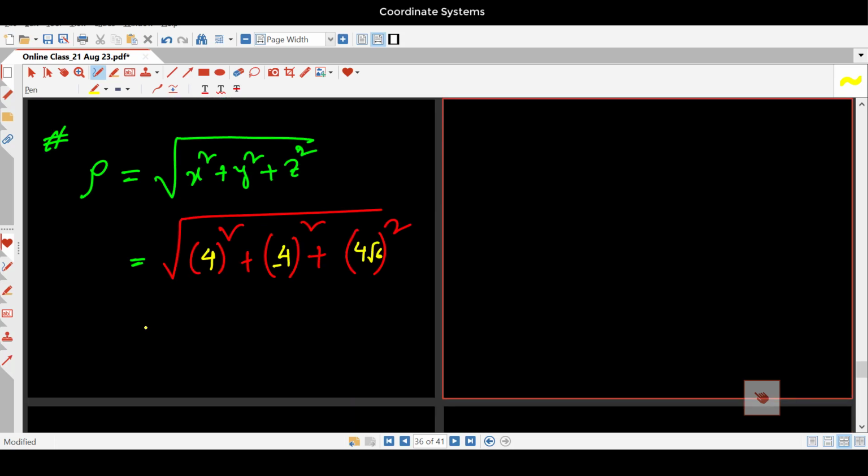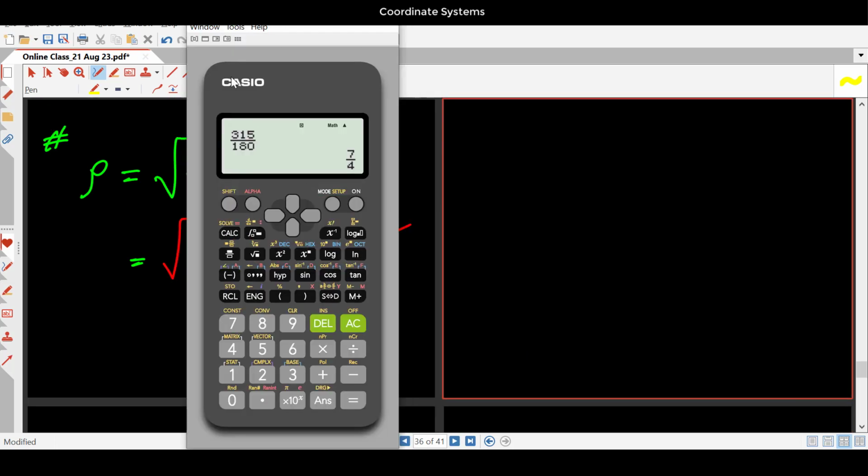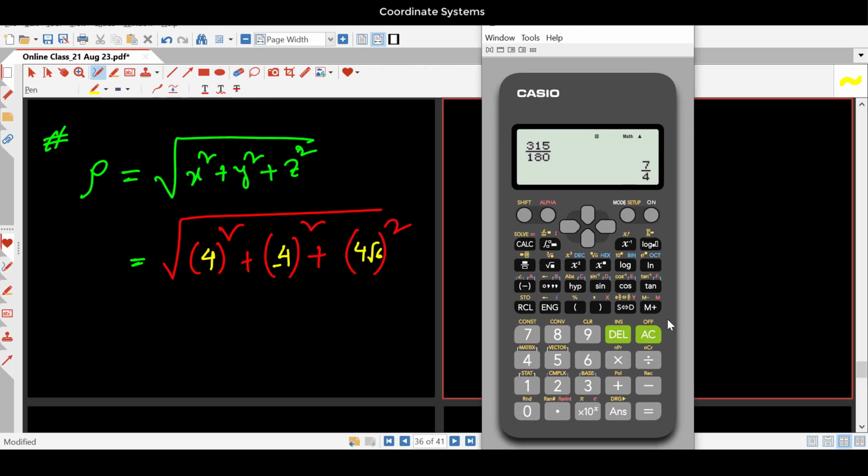So let's now simplify. You can use your calculator directly to get the result. So this time let's use our calculator. We have 4 squared plus -4 squared plus 4 root over 6 squared.